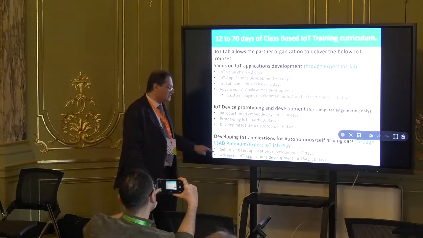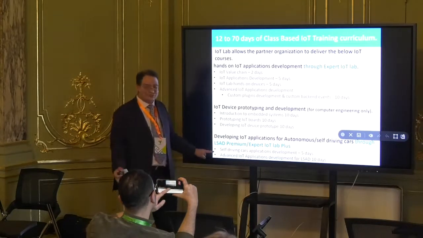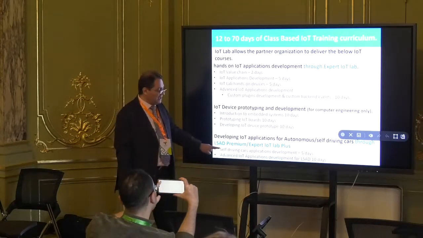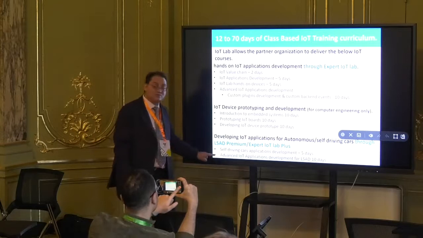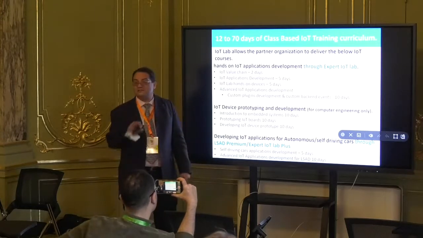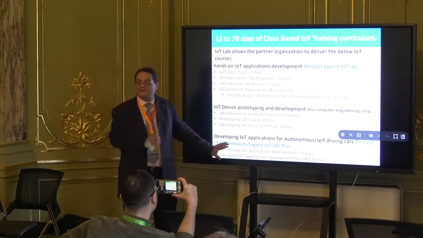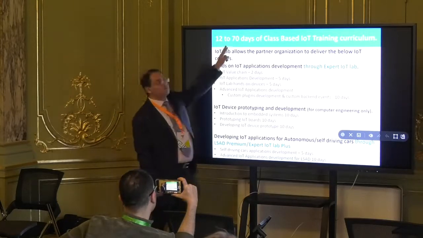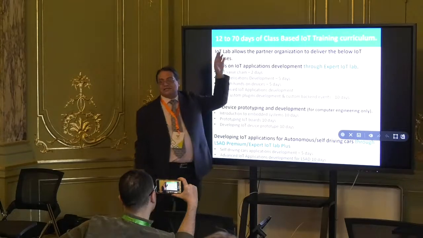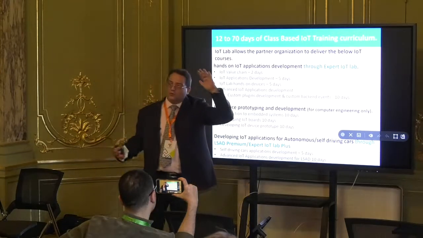And the most advanced one, which is for the self-driving, you can have the overview and the basics over 5 and 10 days, but you can extend this to be 3 months of self-driving technology development. The total sum of this can reach up to 70 days. That's what we call a diploma.